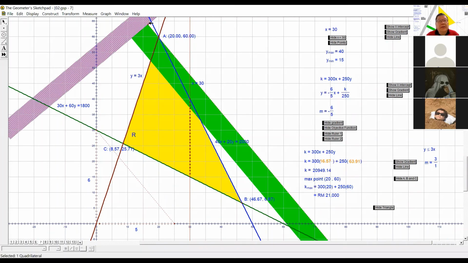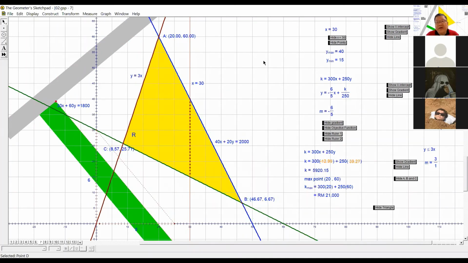But you must know how to do this on the graph paper. I have shown you 2 videos on how to do it on the graph paper. You refer to my earlier video I posted in the group. That is how you draw it on the graph paper. Here I show you on the computer how to do it.